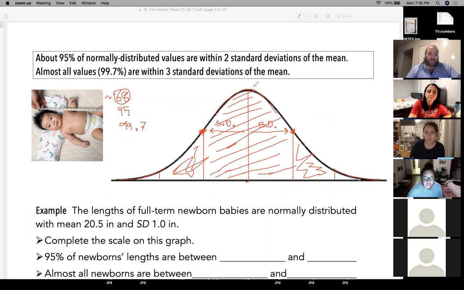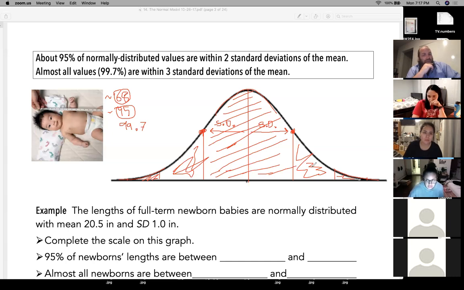That's 95%. Again, approximately. And if I were to go one more, 1, 2, all the way out to here, and here, and I were to include the stuff in here and here, then what percent would it be now? At least approximately.